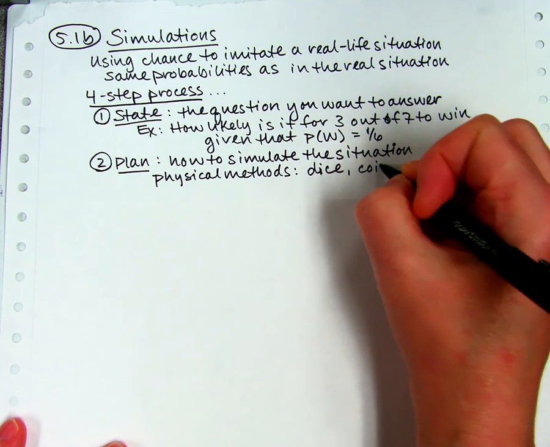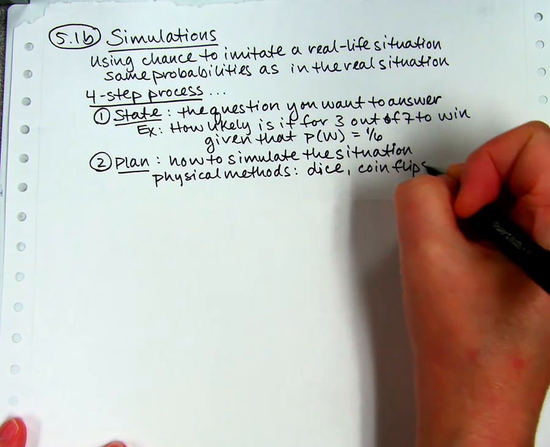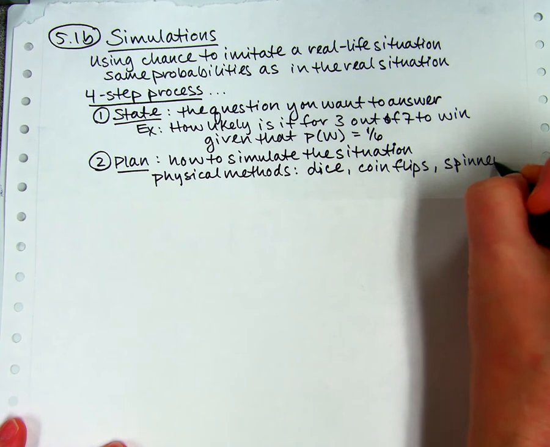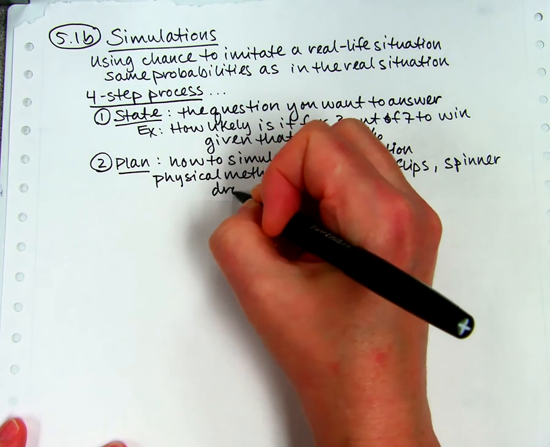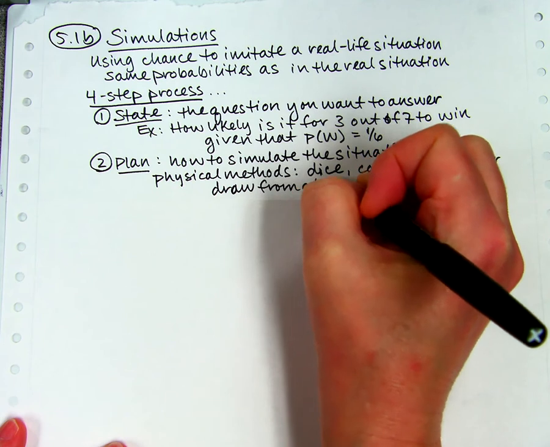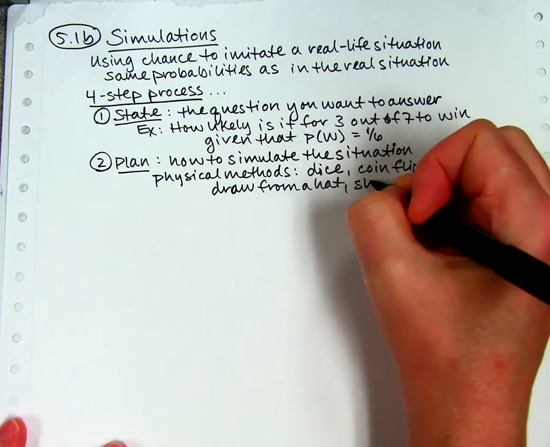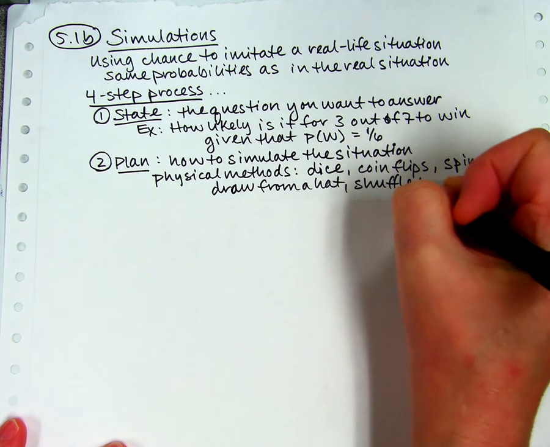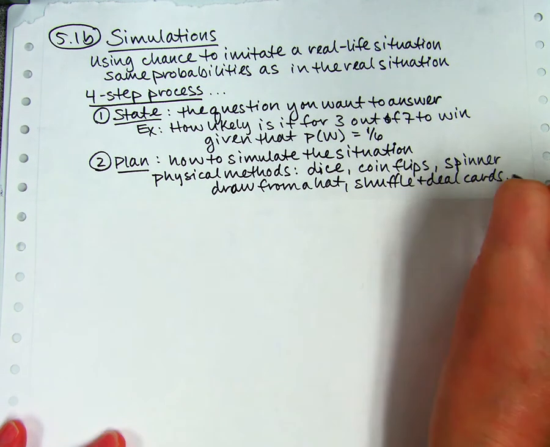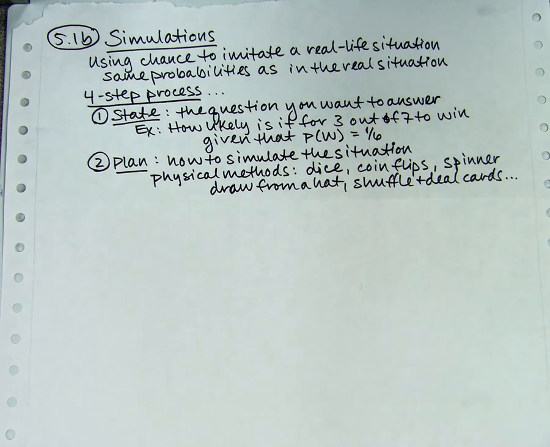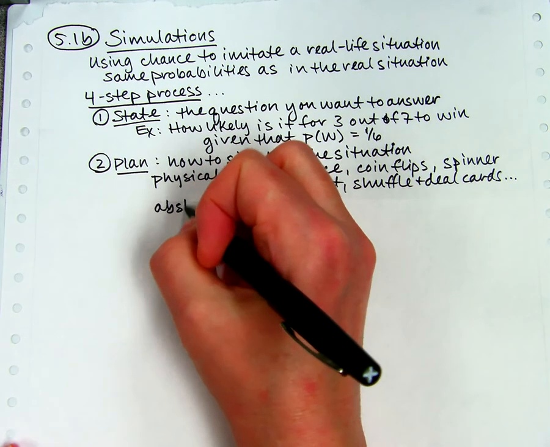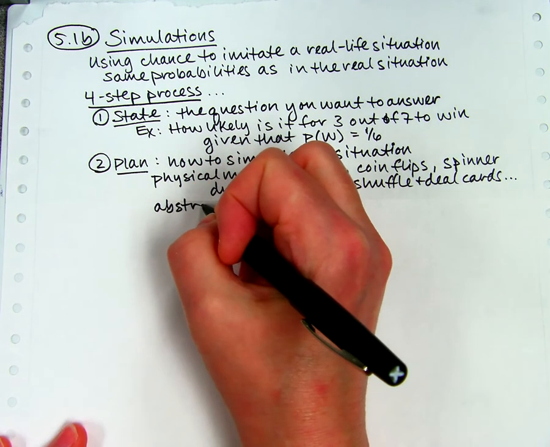Coin flips are a physical method. You could do a spinner. You could draw things out of a hat. You could shuffle cards and deal them, etc., etc. And then there's also more abstract methods that are more in your brain and less physical hands-on.